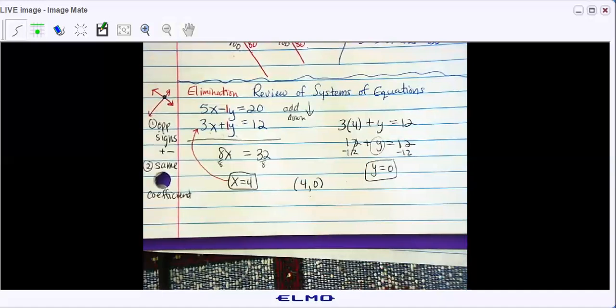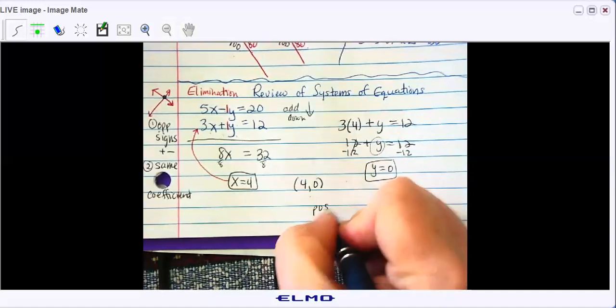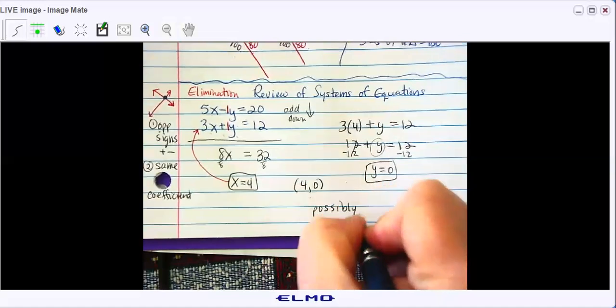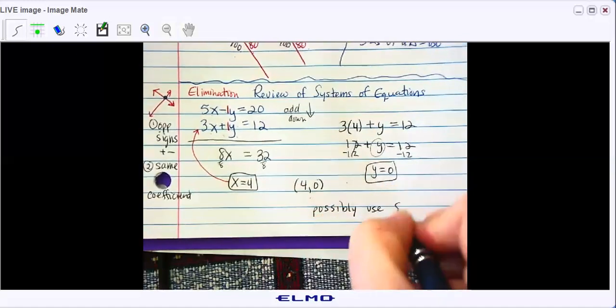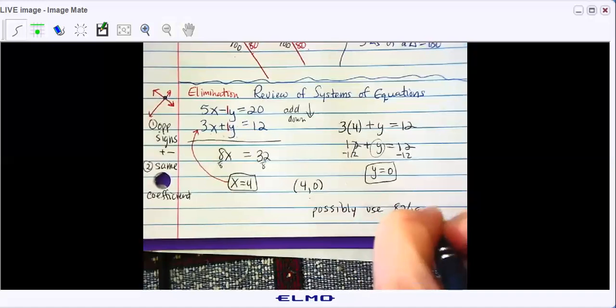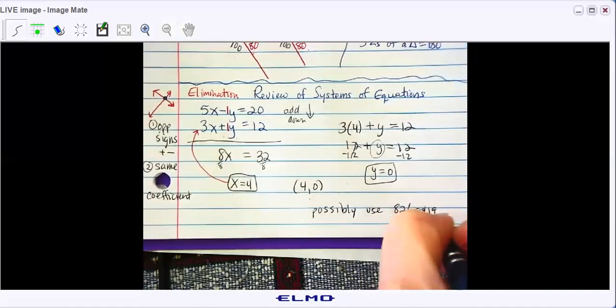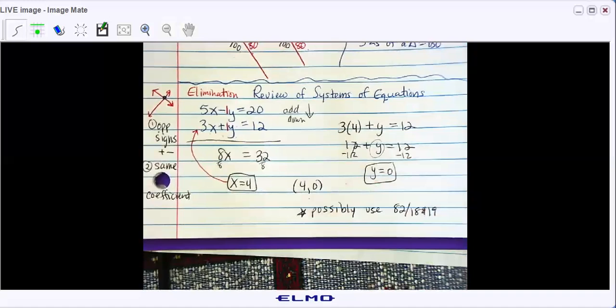And we're going to possibly use this on page 82, numbers 18 and 19. Okay, that would be a good candidate for it. You have to figure out the relationship of the angles first, and then go from there. Any questions on that?